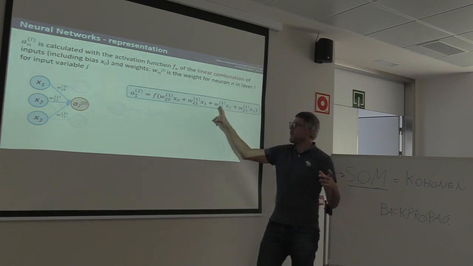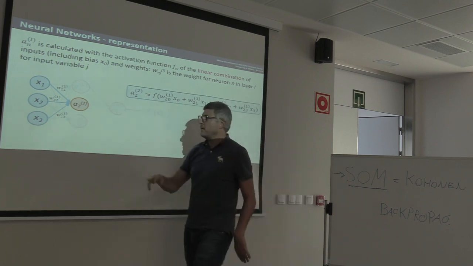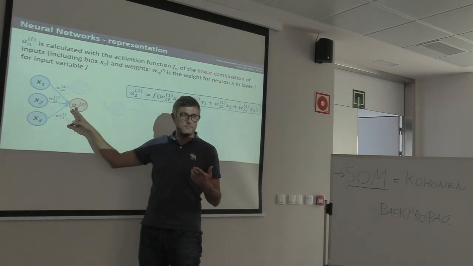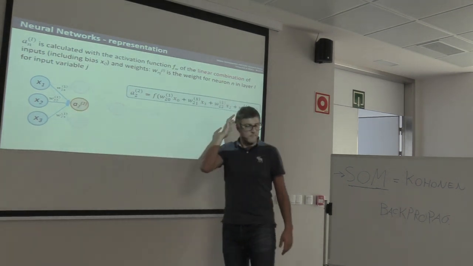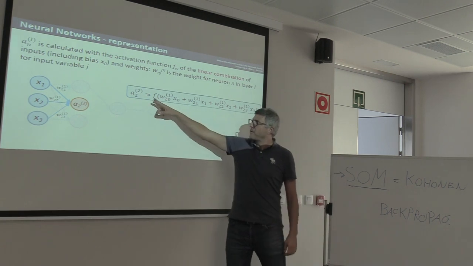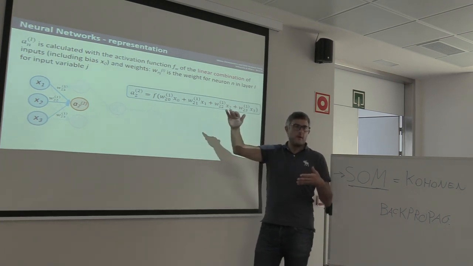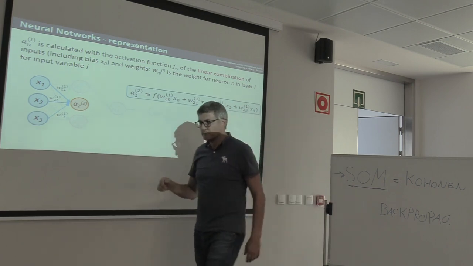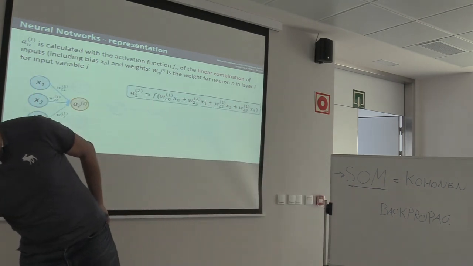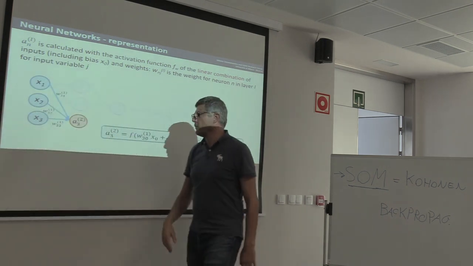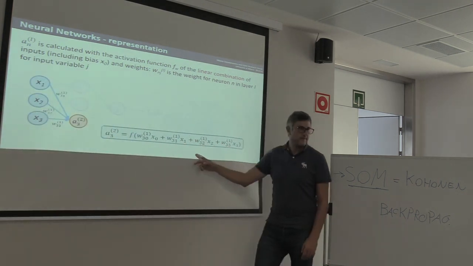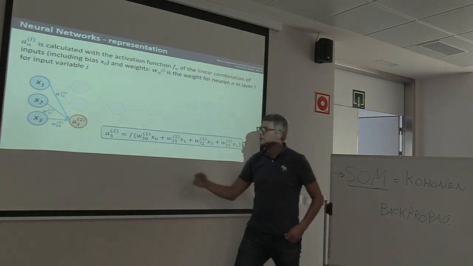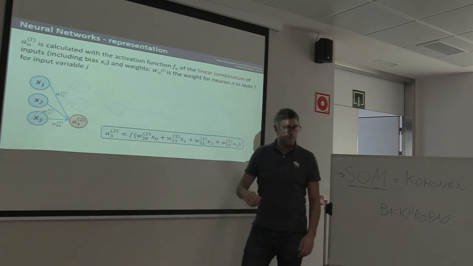But with different weights we give a different kind of information to the second neuron, and we get this. F again is the logistic activation function. As you can imagine, the same for the last neuron: we have a linear combination with different weights.